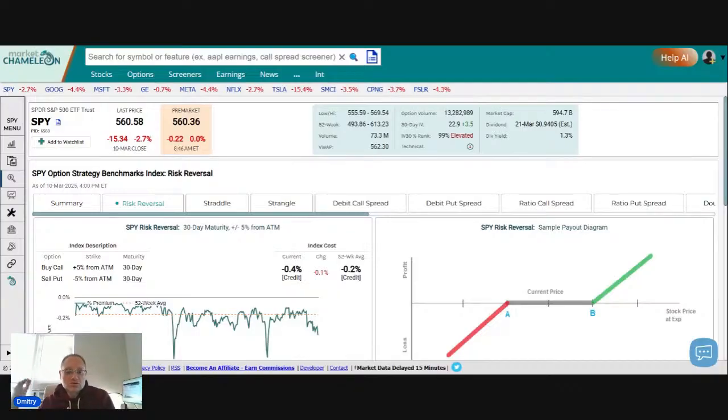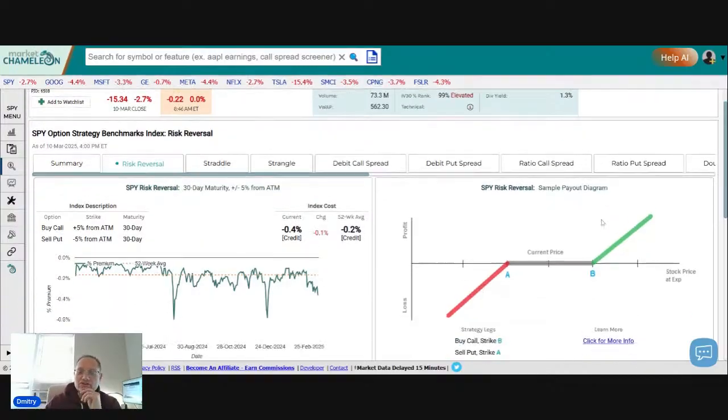And you could be on either side of that trade, buying an upside call and selling a downside put, or buying a downside put and selling an upside call. We're going to look at it from the perspective of buying an upside call and selling a downside put, because you have to pick a side to evaluate the cost. But obviously, you'll see what the cost is and the risks on the reverse side of that.